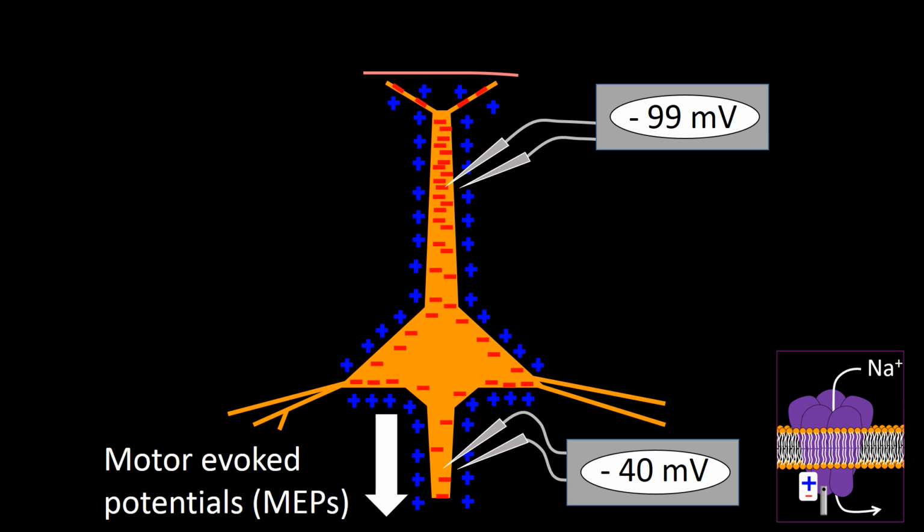This action potential is labeled a motor evoked potential because it refers to the excitation of the upper motor neuron. Ultimately, the potential reaches and excites the anterior horn motor neuron, which triggers an action potential that will excite the muscle.